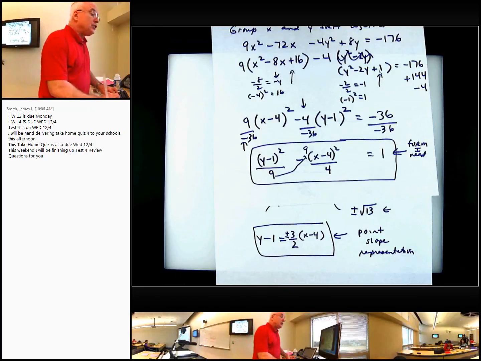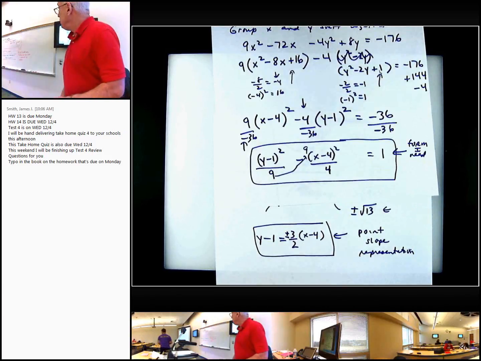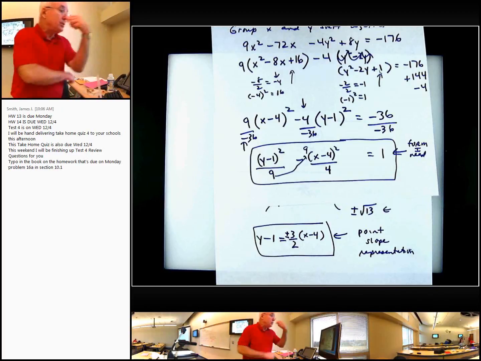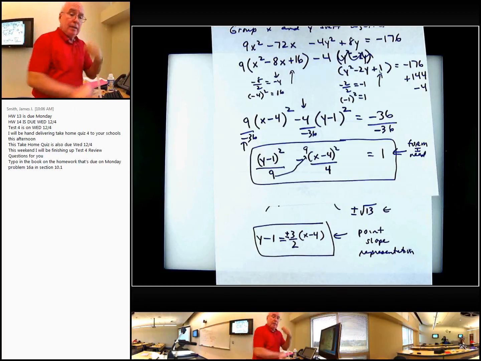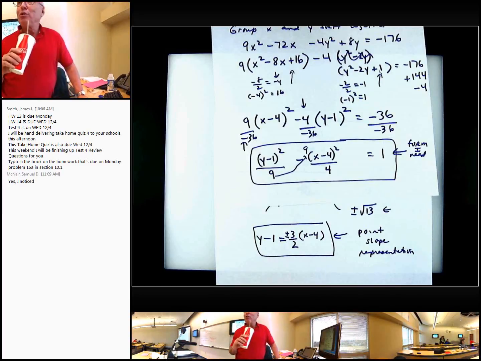Eureka and Lafayette, I need to let you know that there's a typo in the homework that's due on Monday. It's on problem 16A in section 10.1. Have any of you noticed a typo in that first set of problems? Did you notice the typo?